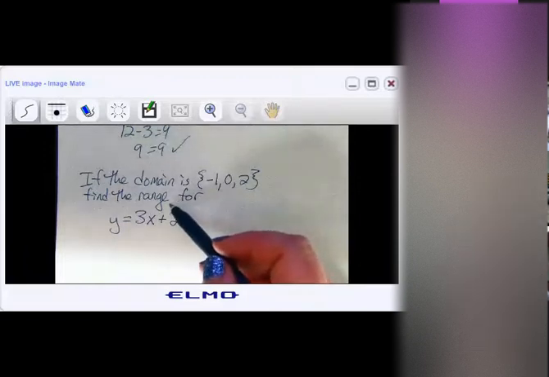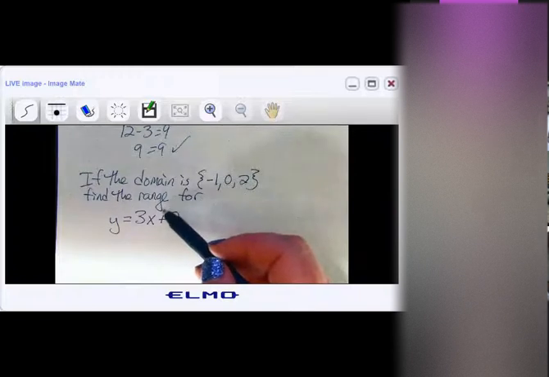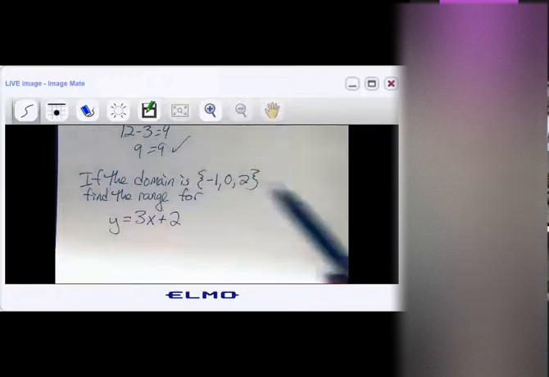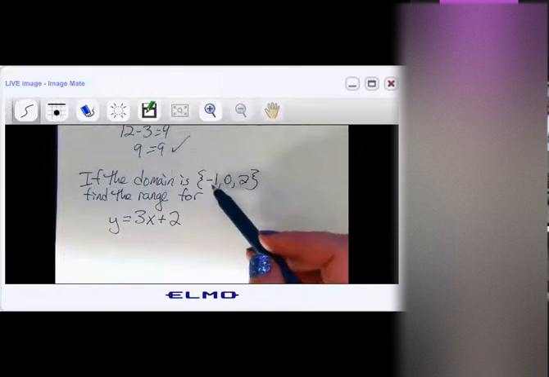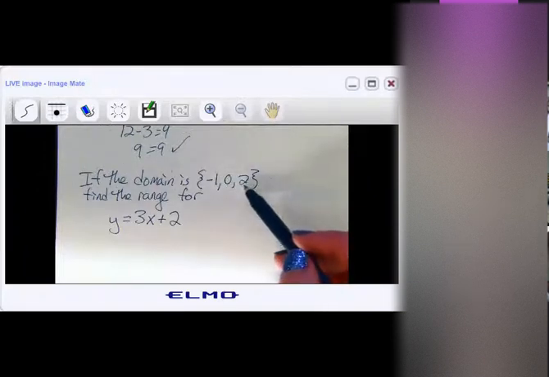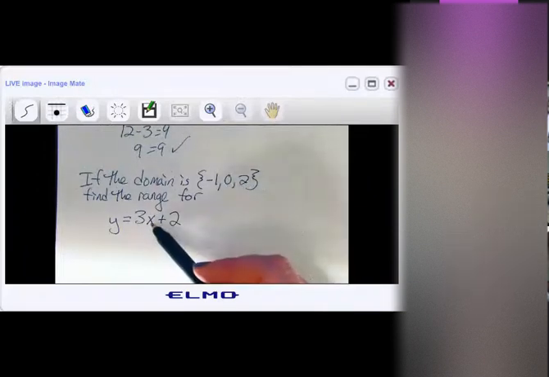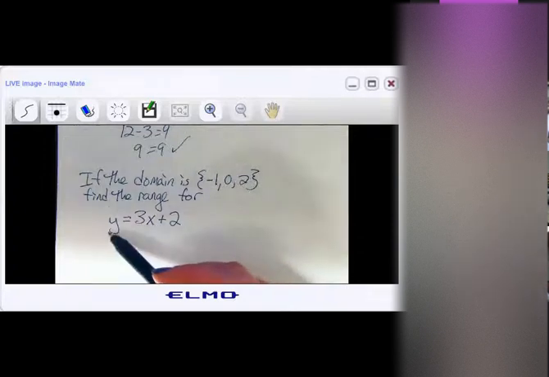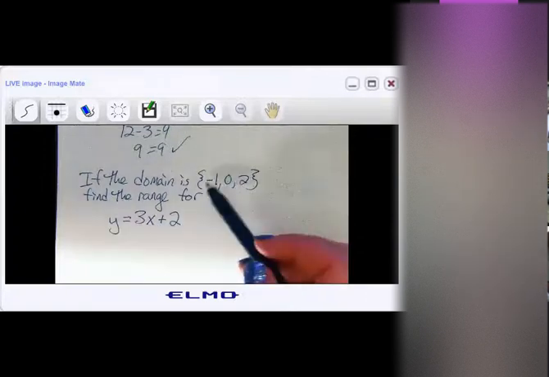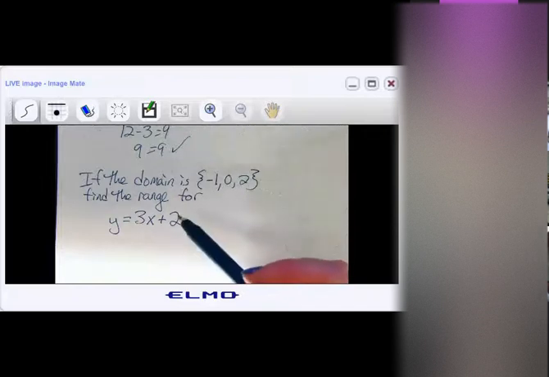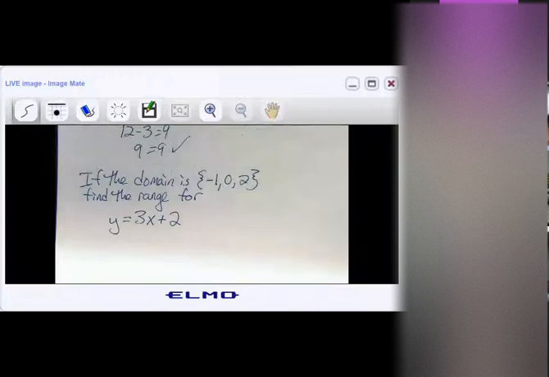So what this is, guys, this is actually a sneaky teacher way for me to ask you 3 questions in one. Because what you need to do is you need to take each one of these values, plug it in for X, and see what comes out for Y. Okay, so you really have to do 3 mini problems, and then you'll have what the range is given this domain. Okay, so let's try that.